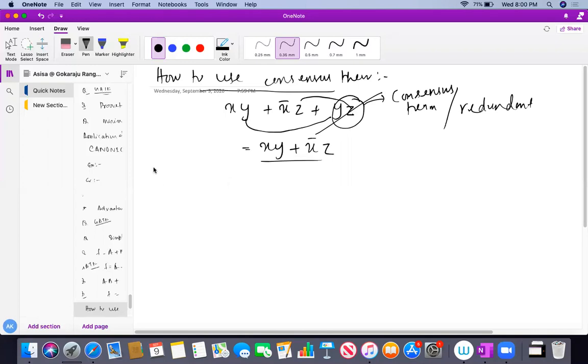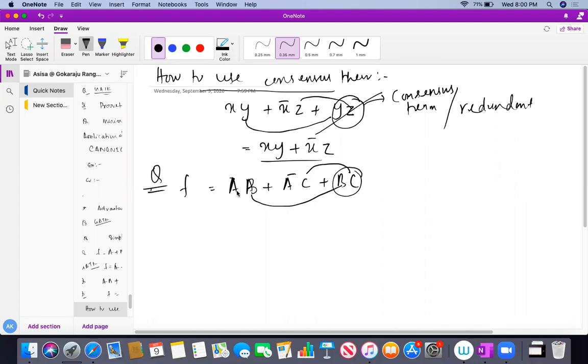So how to use it? See here, some questions we are going to do now. If the function is given to you, simplify the given function: AB, A bar C, BC. So see here, very simple. Here the second literal of the first term and the second literal of the second term is present as a third term.